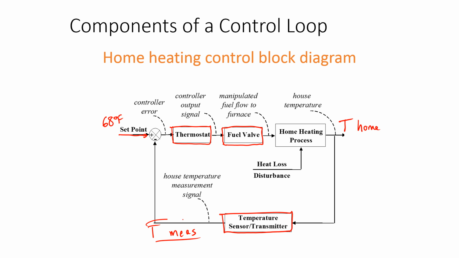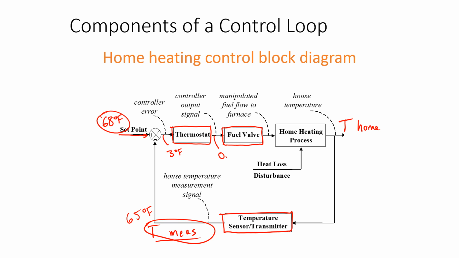So you take the temperature that's measured and you compare that with the set point. Let's say our measured temperature is 65 degrees Fahrenheit, and then our controller error is going to be 3 degrees Fahrenheit. We have a thermostat that takes that information, and then you're going to have a controller output.